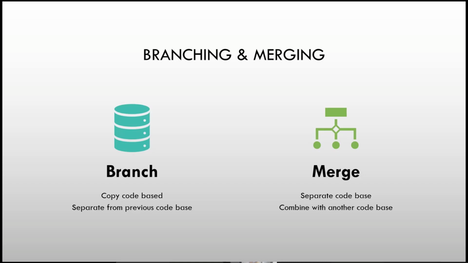For instance, if a development team and a database team are working on the media catalog database, they can each make a branch, which makes a copy of the code. So they can work independently and develop without interacting with one another.